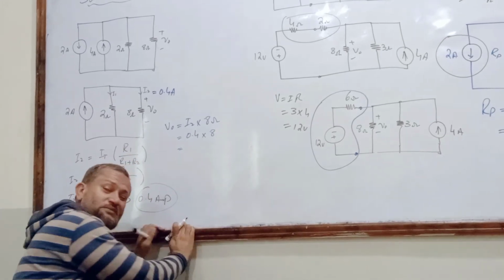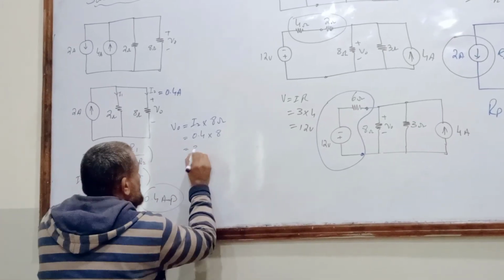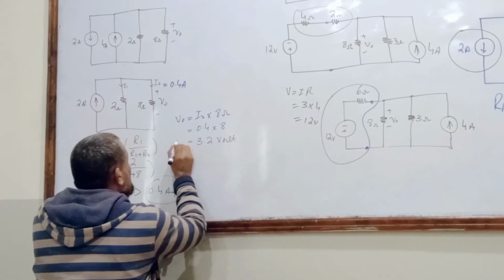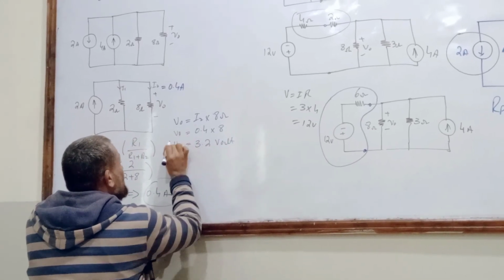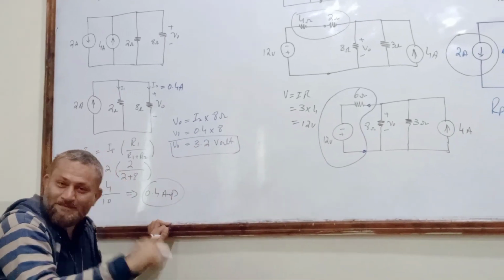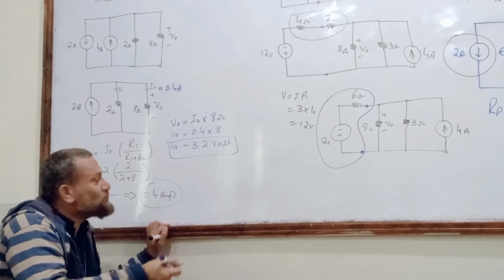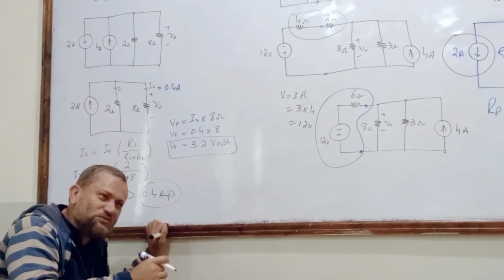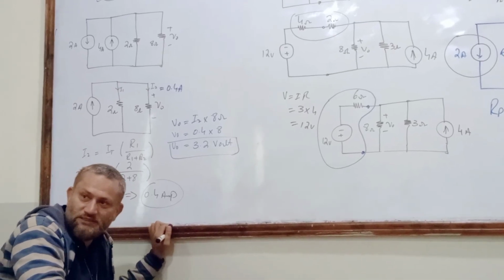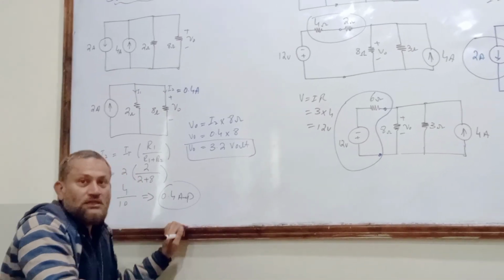Kind of 3 point something. 3.2 volt. Compare the previous result, that was 3.3 something like that. Just a little bit, 0.1 difference, that is in calculation. So it doesn't matter. Same.